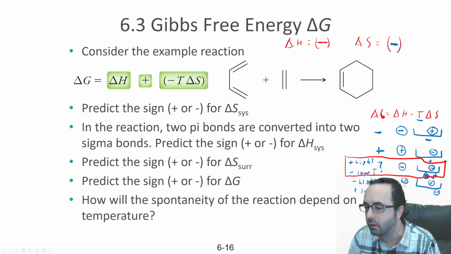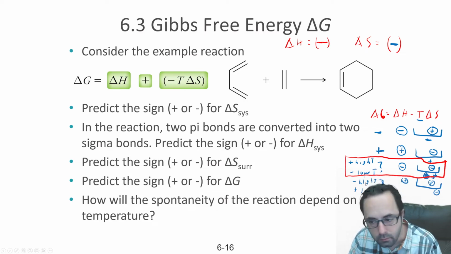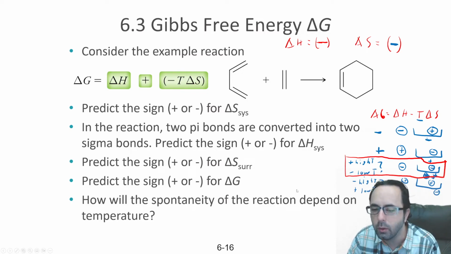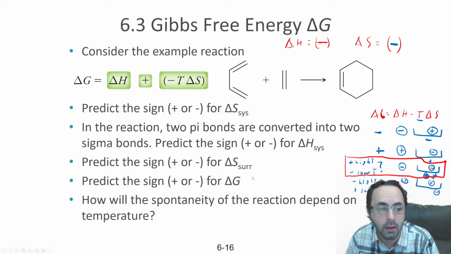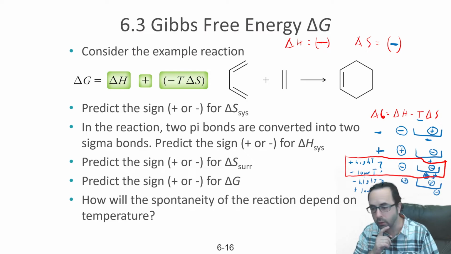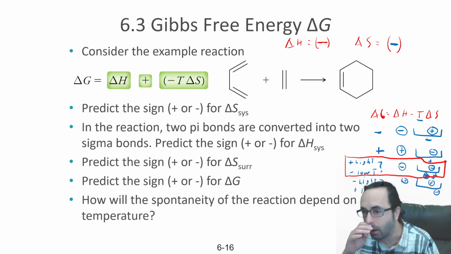If you have positive delta H, positive delta S, the reaction will have a negative delta G at high temperature, so spontaneous at high temperature, and positive delta G at low temperature. That's the way that you analyze these reactions to see if they're spontaneous or not. Notice I did not have to do any calculation per se. I just had to understand what causes delta H to be negative or positive and what causes delta S to be negative or positive.